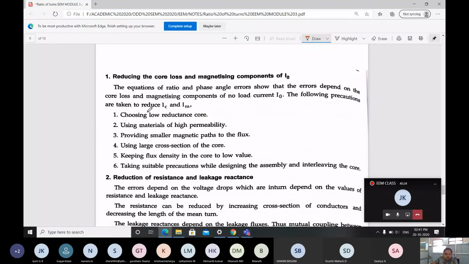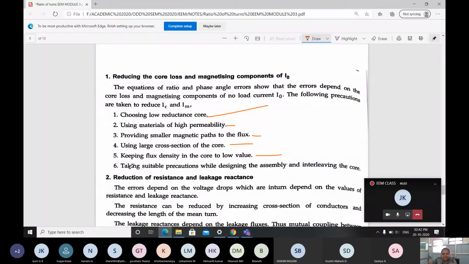First, choose a low reluctance core. Second, use materials of high permeability. Then provide smaller magnetic paths for the flux. Next, use a large cross section area of the core. And keep the flux density in the core at a low value.